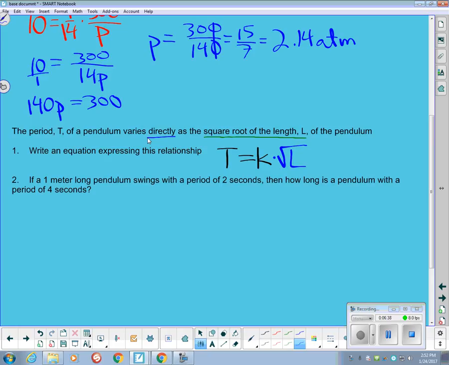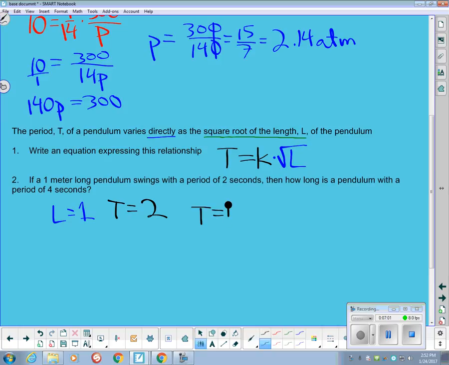We're going to drop down then to a 1 meter long pendulum that swings with a period of 2 seconds. So that says if L is 1, then the period T is equal to 2. And that's the information we need to be able to calculate the K value.